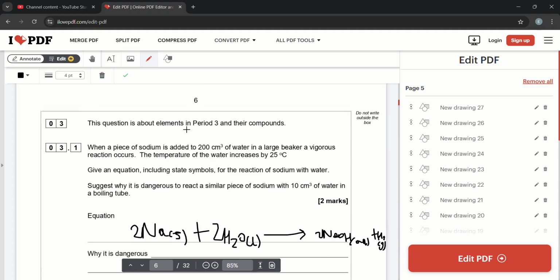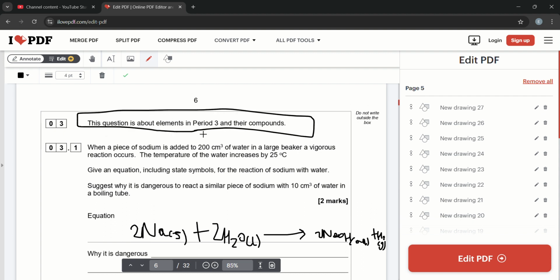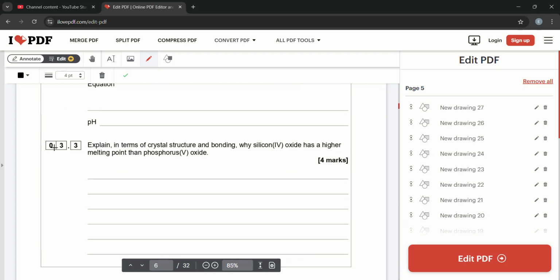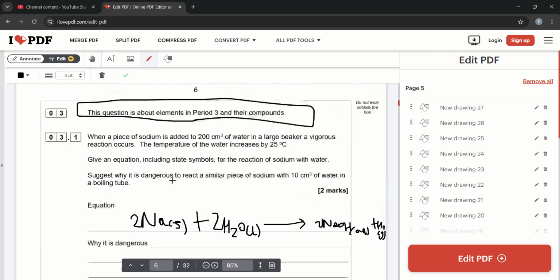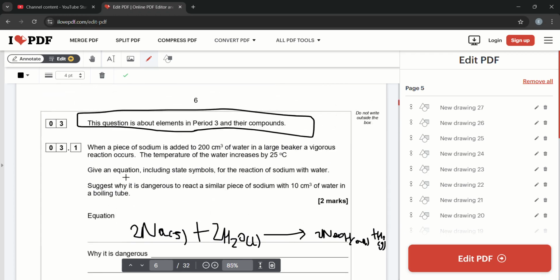Nine times out of 10, if you see a question about period 3 elements and their compounds, it's usually going to be equations. If you haven't learned the equations, they're about 2 pages in a textbook or CGP revision guide, along with a couple of other things about structure and bonding. A lot of the time, they just use equations that are in the textbook.